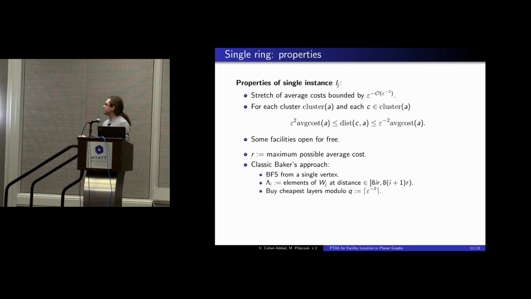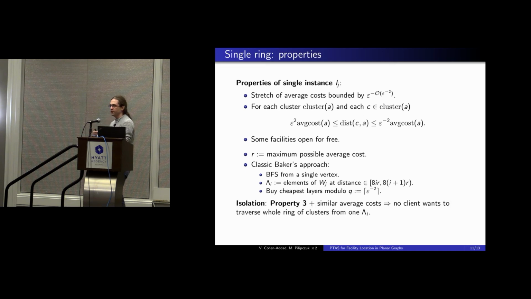Now if you have this constant stretch, you do some now classic Baker with distances, where one ring in the Baker is a constant number of clusters. You buy some clusters, and there's some isolation. You can argue that you will never travel through too many other clusters in this setting. And then you get a bounded radius of the instance, bounded in epsilon and the maximum average cost in one instance.